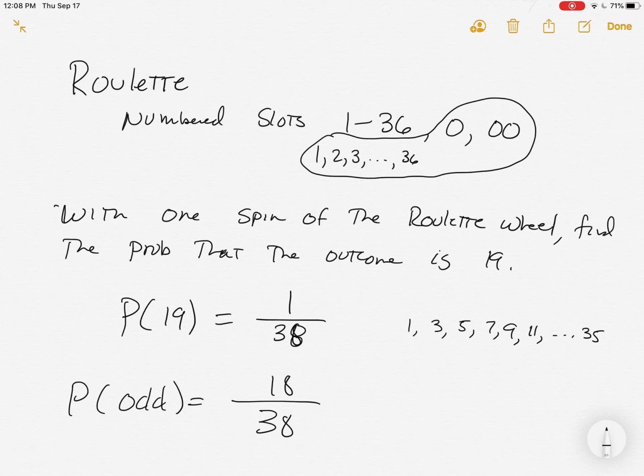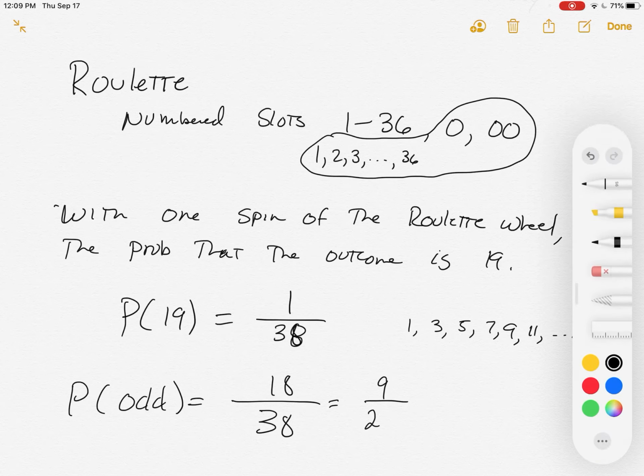Most casino games, if not all, are not a 50-50 chance. And so if we reduce this, we can pull out a 2 for sure and get 9 over... 20, not 20, sorry, 38 divided by 2, 19.